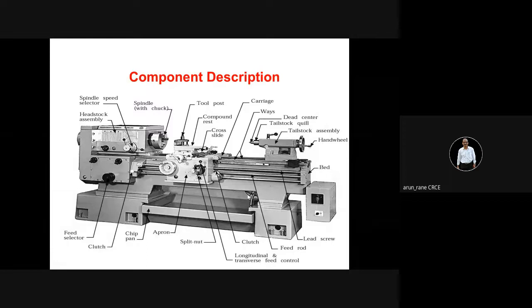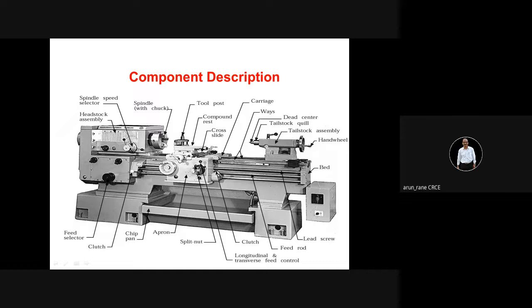It disengages the motion from the engine to the gearbox. Same here, the clutch disengages the motion from the motor to the spindle, and then you can change the speed. What is the purpose of providing a clutch over here? Because sometimes, see, there are two clutches here as well as here.